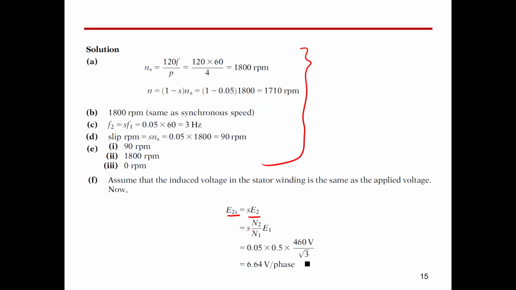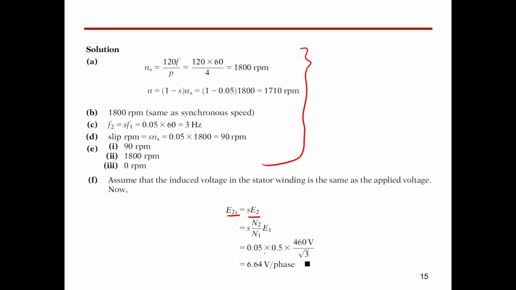E2 is the induced volt on the secondary side, on the rotor side. How can you get that from E1? Use the turns ratio. So N2 divided by N1 times E1.